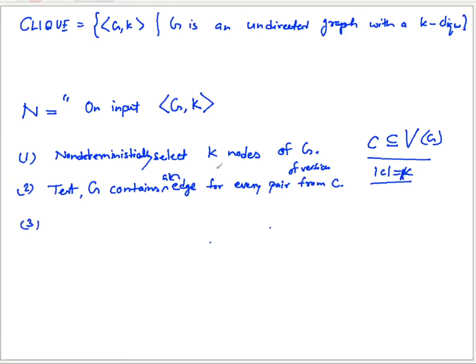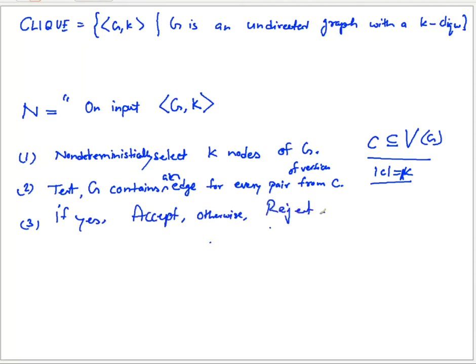That non-deterministically you selected some k nodes, and between every pair of those nodes, you have an edge in the graph G. If the answer is yes, you accept. Otherwise, for any pair, if the graph G doesn't contain an edge, you're going to reject.